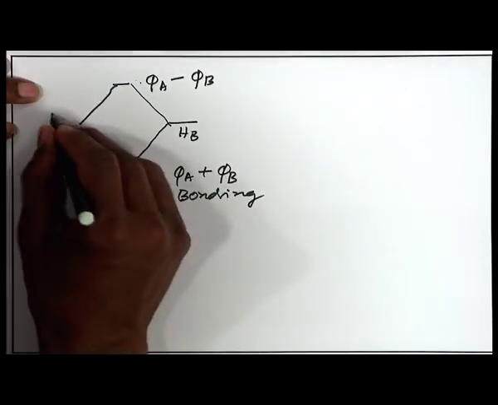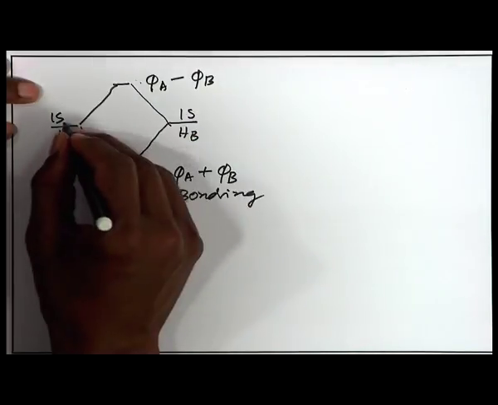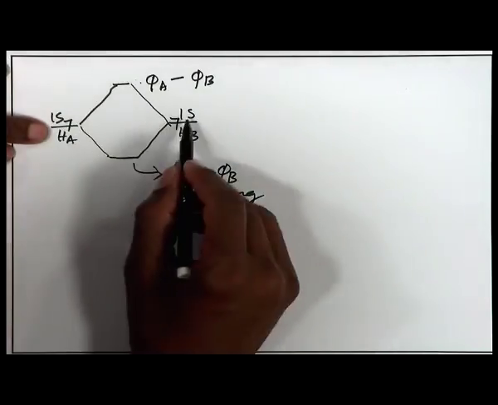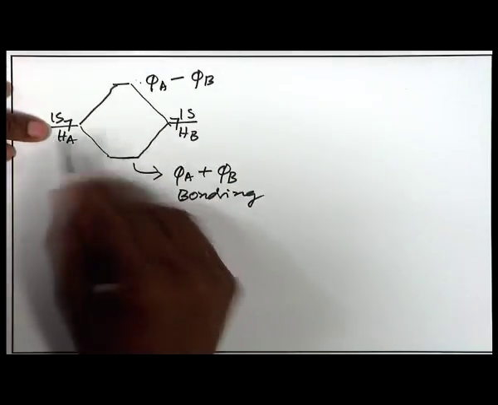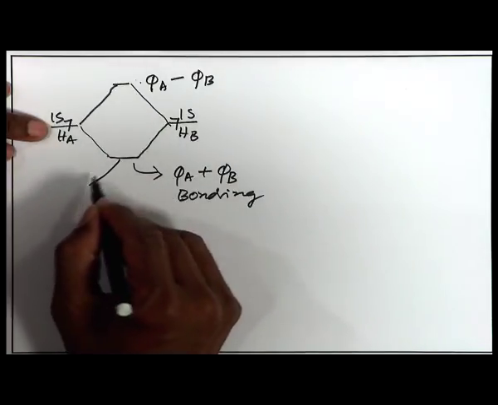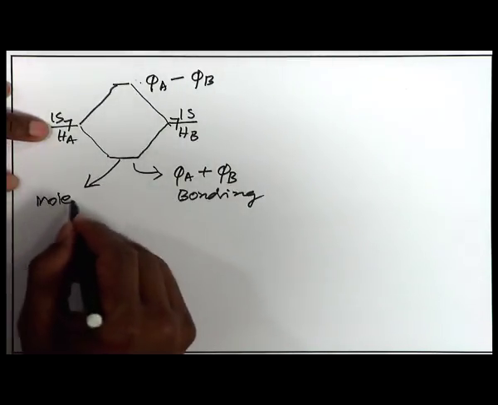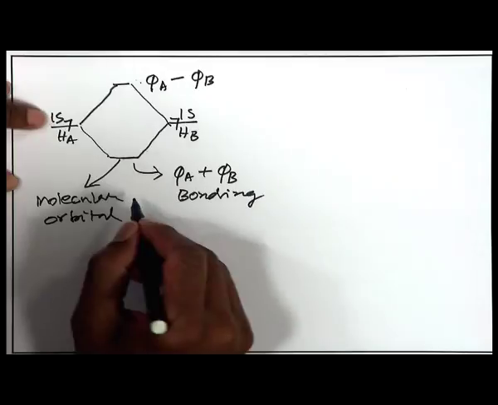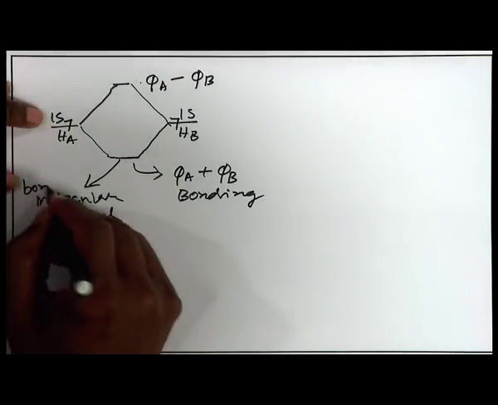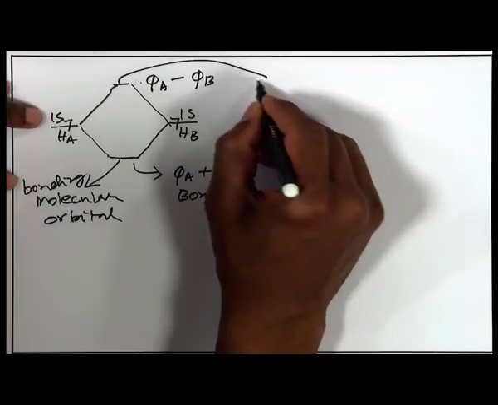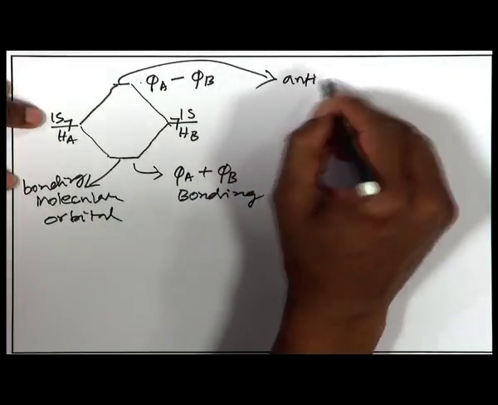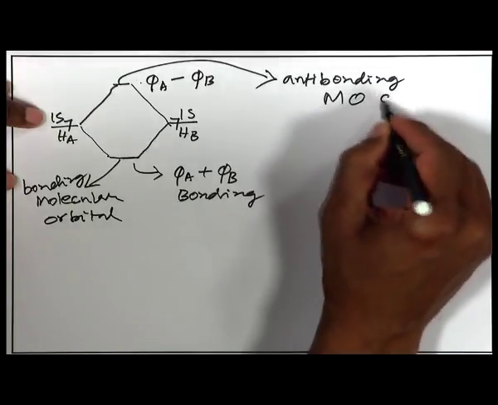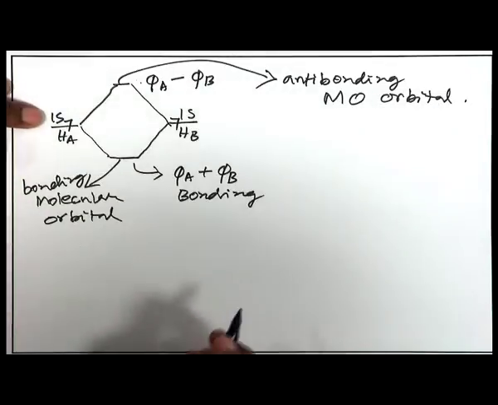Okay. So, in the hydrogen atom, you have a 1s orbital, which is singly occupied. Here there is 1 electron, and there is 1 electron here. So, these atomic orbitals are combined to give molecular orbitals. So, this is called a bonding molecular orbital. This one is called an antibonding molecular orbital, simply MO, you can write it like that.